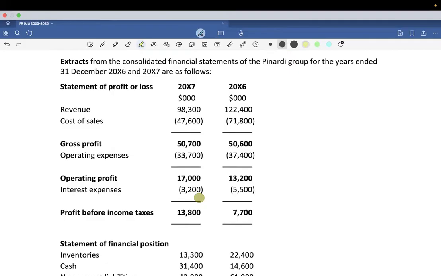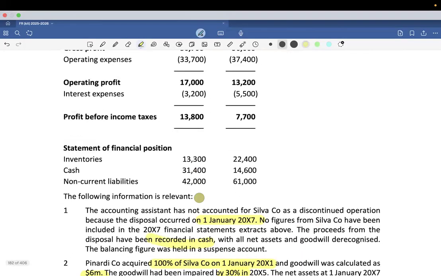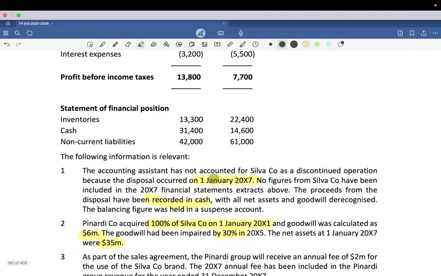Now, this particular Silva Company was sold on which date? 1st January 2007, right? So as of this year, there is no such data available because there is no year passed in order to show the SOPL, right?